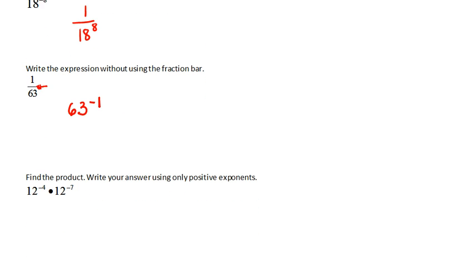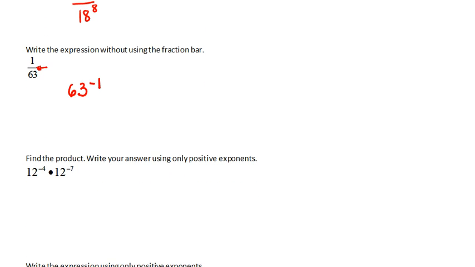Now let's look at another example. We're going to make this a little more complicated. So let's say I have two numbers to a negative power and I want to multiply them. Now in this situation, at no point are we going to evaluate our powers. We're going to simplify them. So for this situation, I have 12 to the negative 4 times 12 to the negative 7.